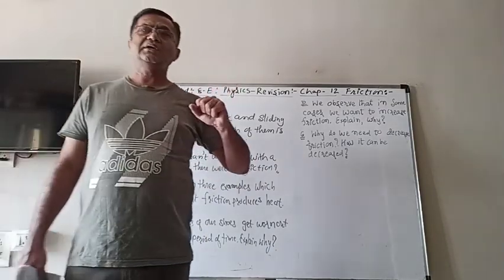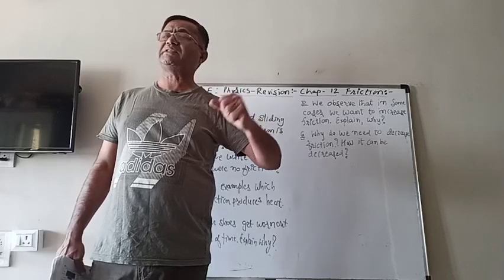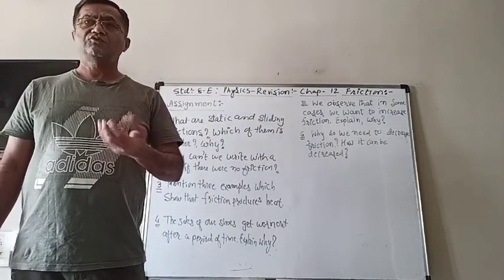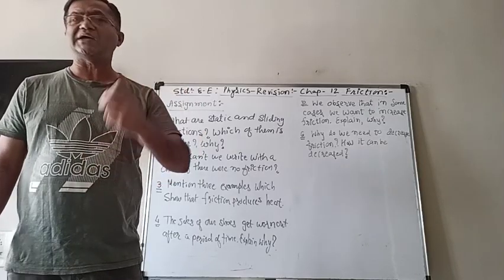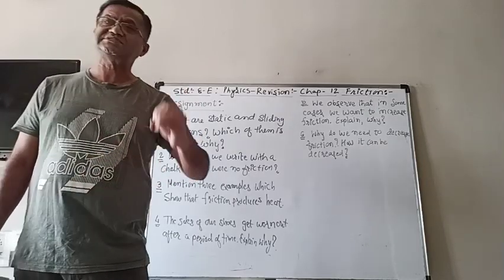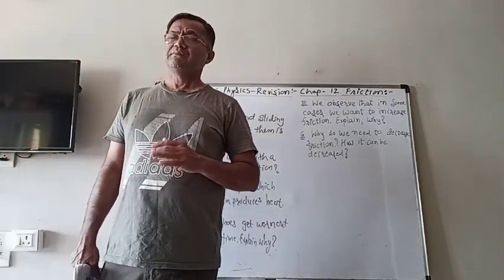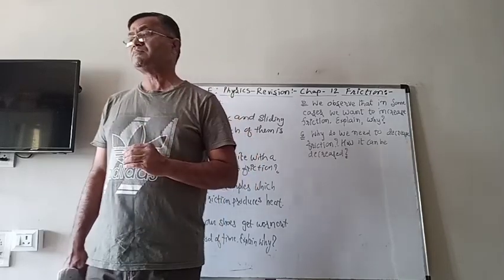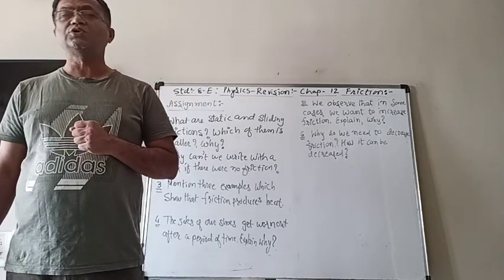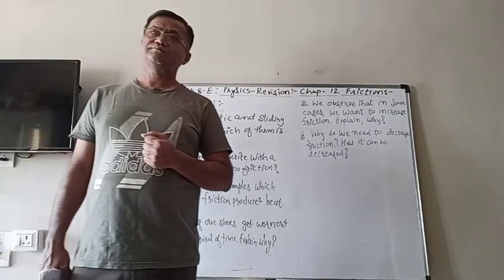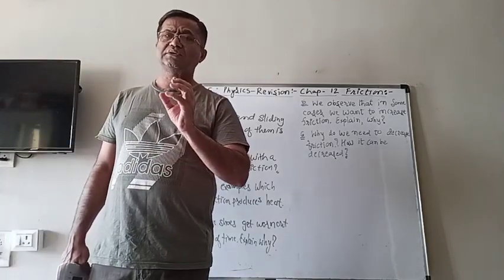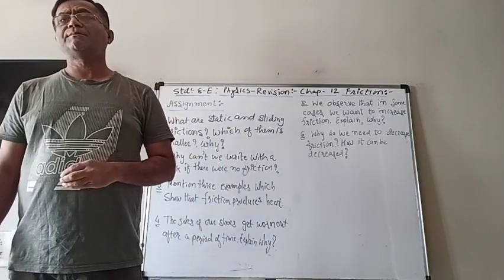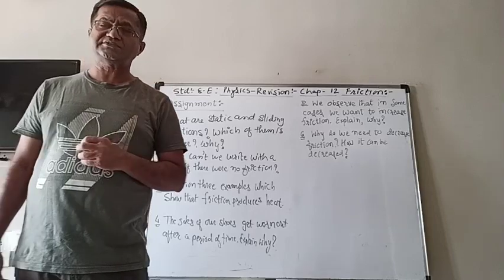For example, if you play carom, on the carom board we sprinkle very fine powder before we start playing. Because the surface of the carom board is not so smooth, and therefore the coins cannot move easily to the holes at the corners.